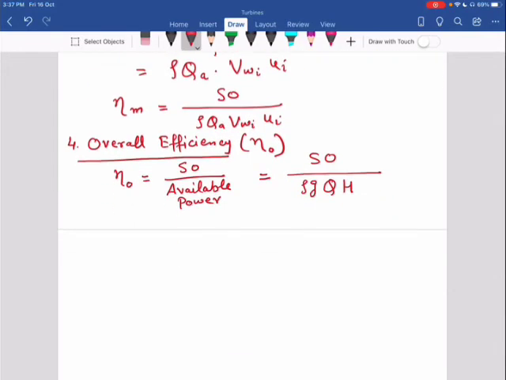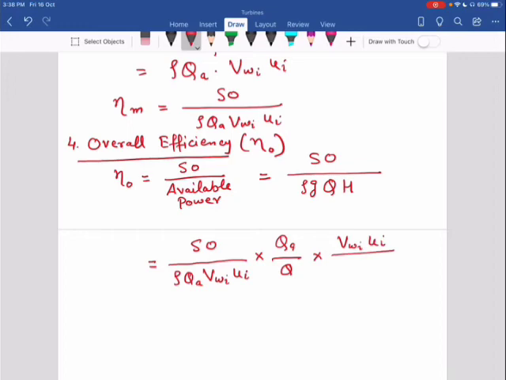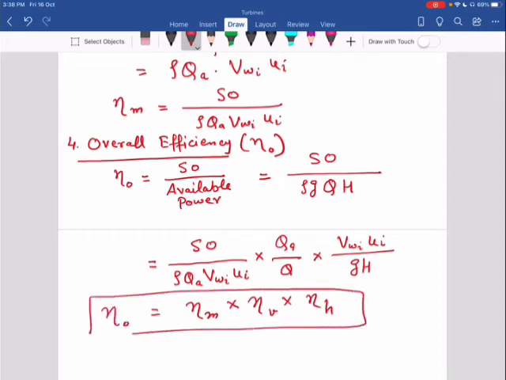So now I can write this into another form: shaft output divided by rho QA VWI UI, into QA divided by Q, into VWI UI divided by GH. So this is equal to the mechanical efficiency into volumetric efficiency into hydraulic efficiency. So I can write eta O is equal to the product of the other three efficiencies.